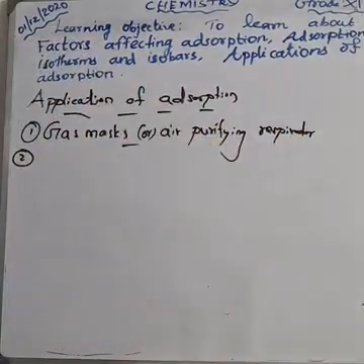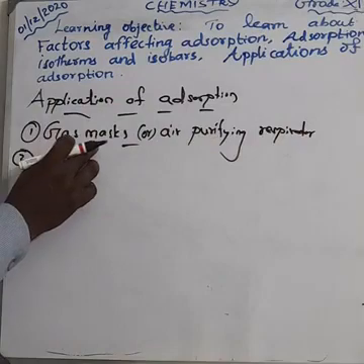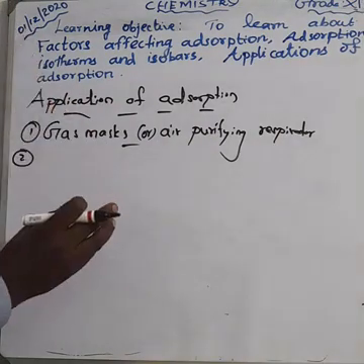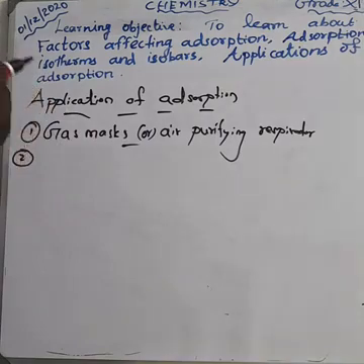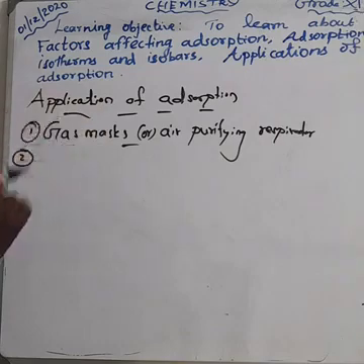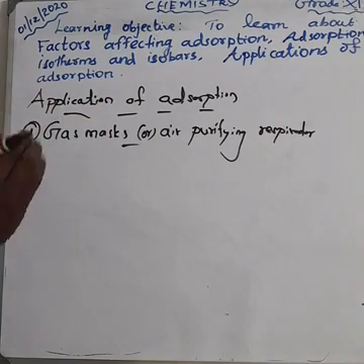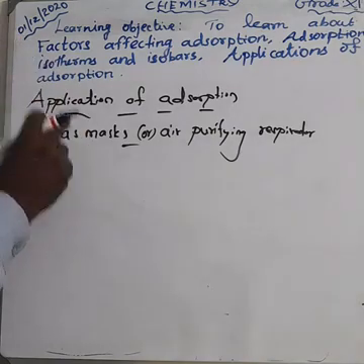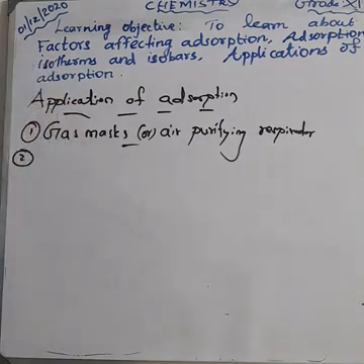What is the use of this gas mask? It purifies air containing dust particles. For example, charcoal and other dust particles are mixed in the air, and we purify it based on adsorption.